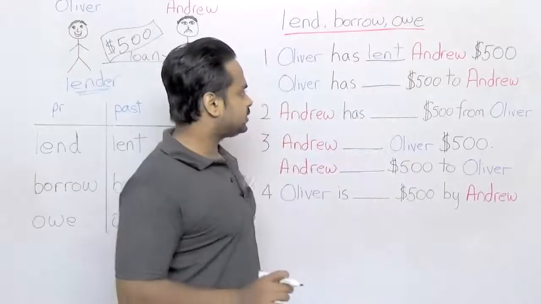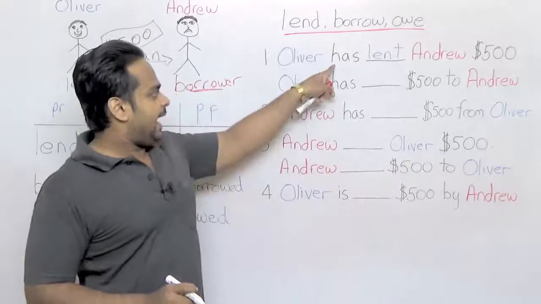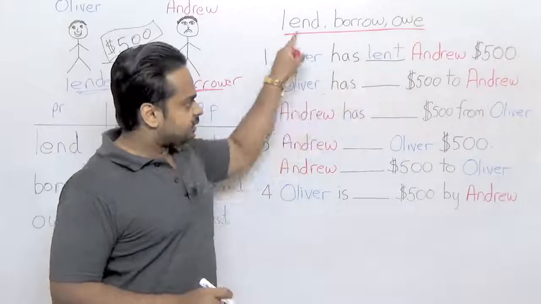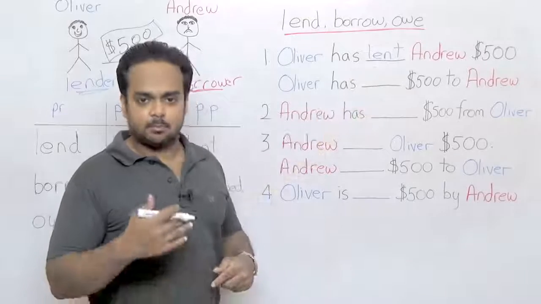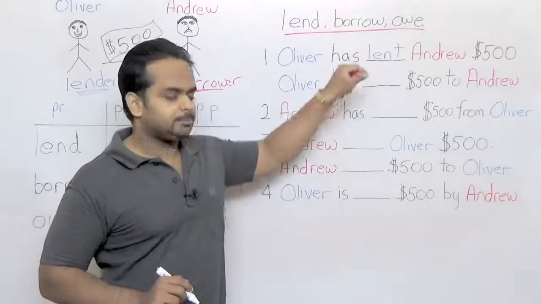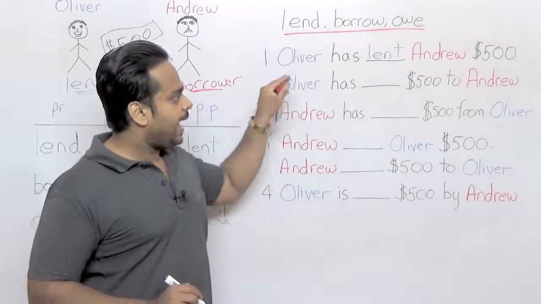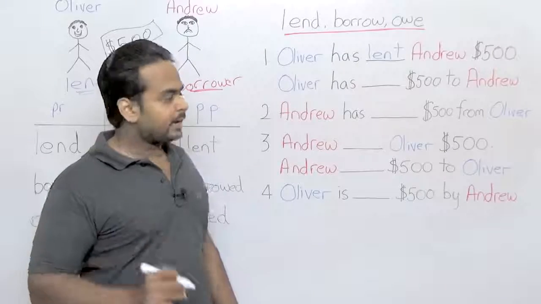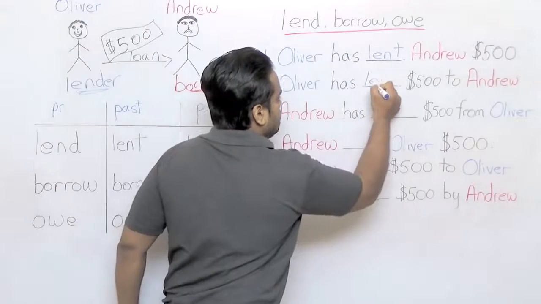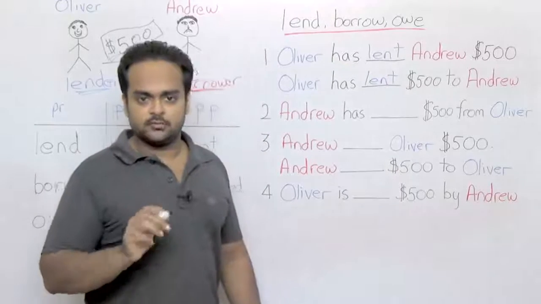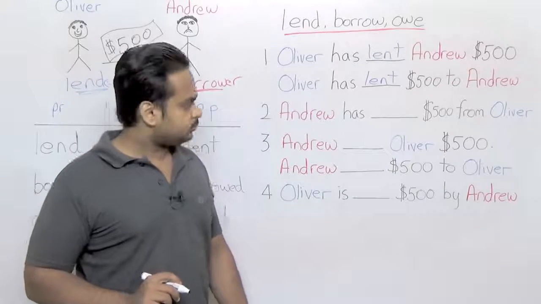Why are we saying lent? Because we have has over here, and this is the past participle form. The tense of the sentence is the present perfect tense, and remember that we need to use the past participle form. So Oliver has lent Andrew $500. We can rewrite the sentence as Oliver has lent $500 to Andrew. Both of those are correct.